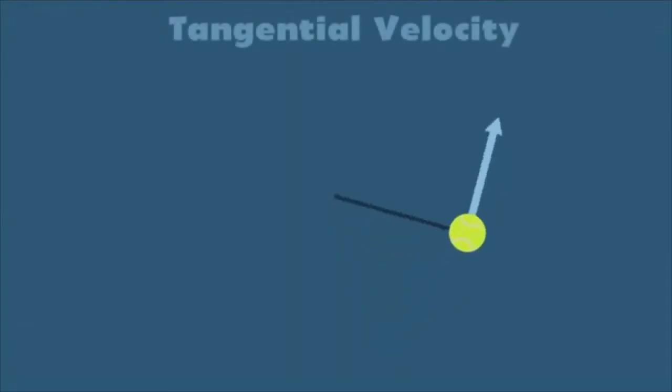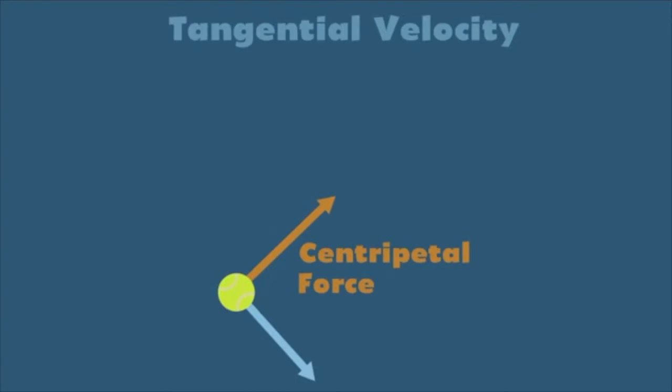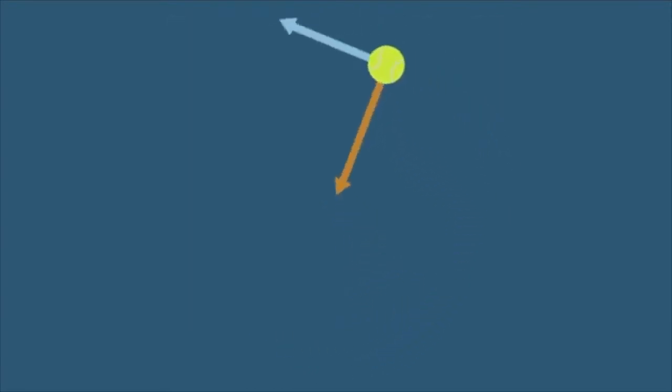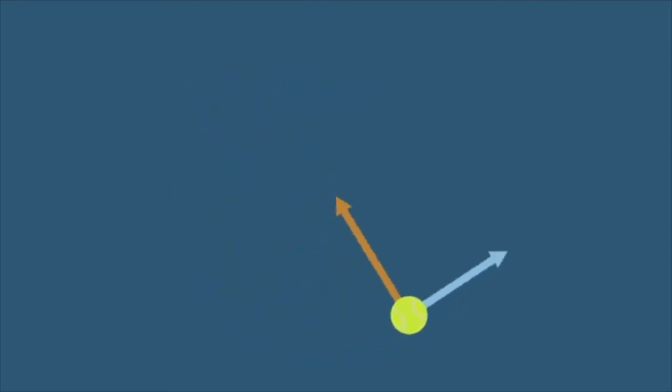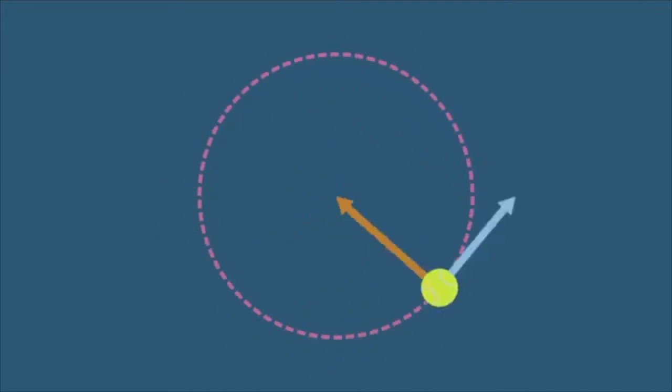But assuming you don't cut the string and you keep swinging, the ball's tangential velocity is constantly changing directions. This means the ball is accelerating, and the reason it's accelerating is due to the centripetal force. The centripetal force acting on the ball is constantly directing the ball towards the center of the circle, your hand. This, combined with the ball's velocity, keeps the ball swinging in a circle.